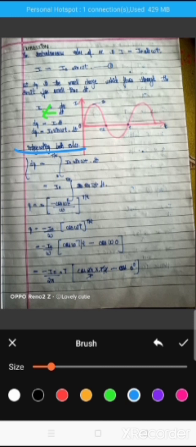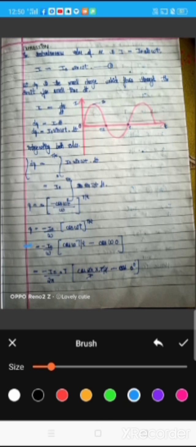Q is equal to I naught. Now integration of sine is always equal to minus cos. That's why it is here minus cos omega t as it is upon omega, and the limits are 0 to T by 2.